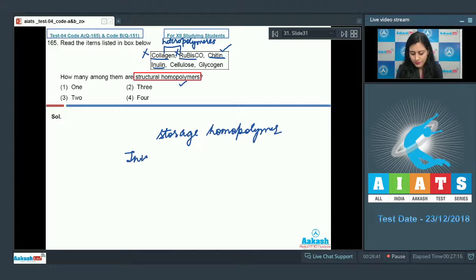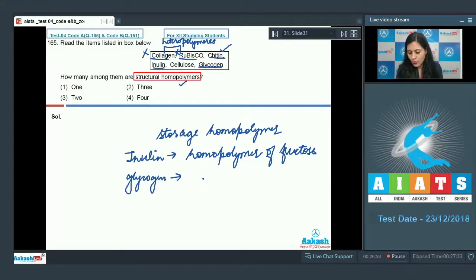And similarly, glycogen, the last option given, is a homopolymer of glucose, and it is also a storage homopolysaccharide.